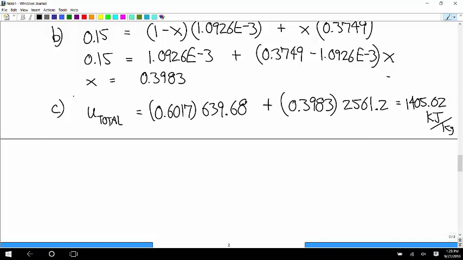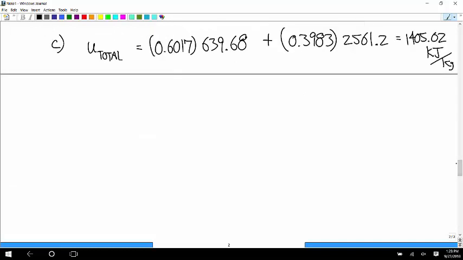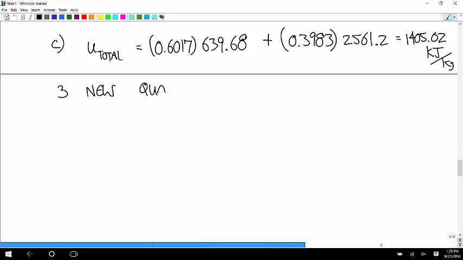So let's talk about, there's two types of quantities, well, three new quantities that I want to talk about. And those are enthalpy, that's capital H, and in the tables, there's specific enthalpy, which is lowercase h.